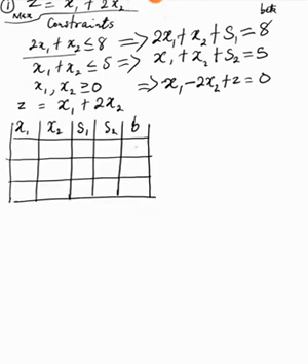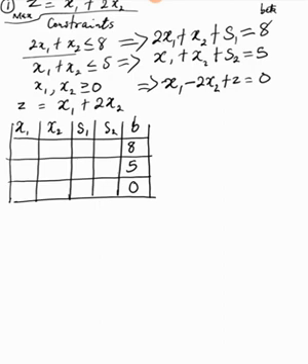So we have a table this way: x sub 1, x sub 2, s sub 1, that is the slack variable, the slack variable 2, and the beta value, which we have as 8, 5, and 0.